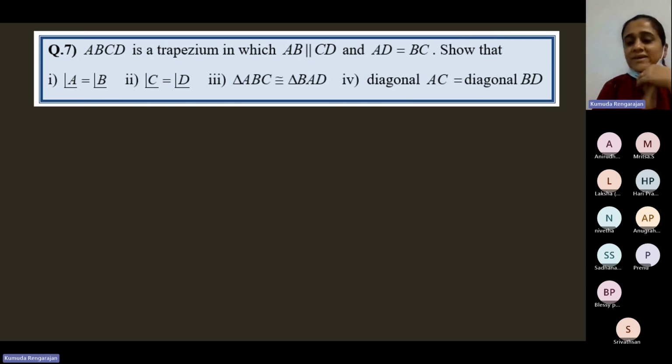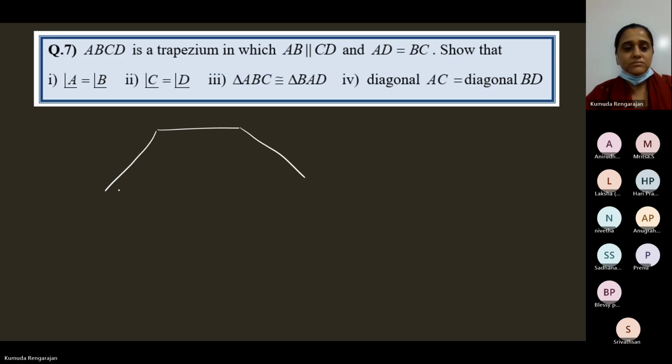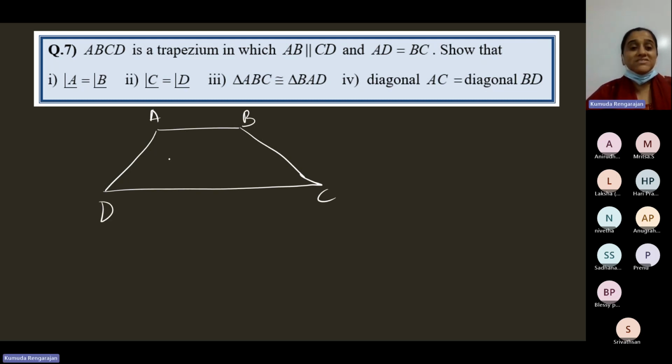Third subdivision. Yeah, thank you, children. Now, third subdivision: triangle ABC congruent to triangle BAD. Okay, this is ABC and BAD.